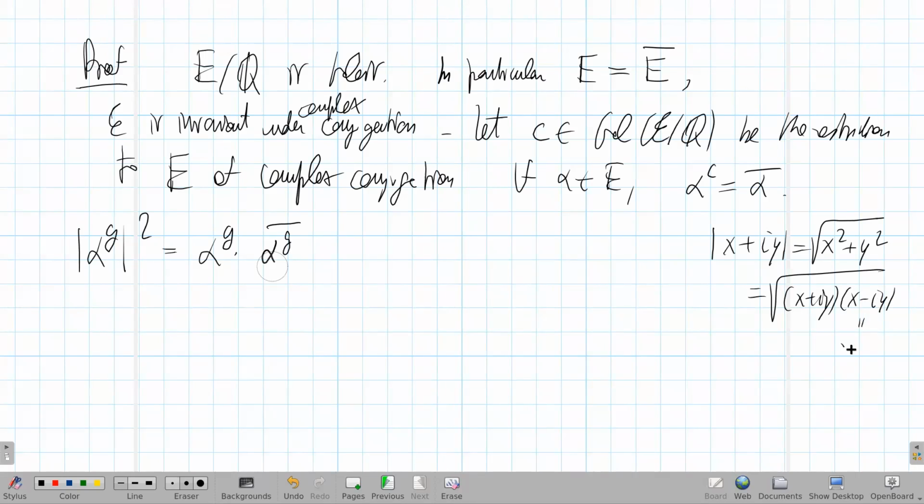So if you take the square, it's a product of an element and its conjugate. Recall that we call c this element of the Galois group, the restriction to E of complex conjugation. So you first apply g and then you apply complex conjugation.